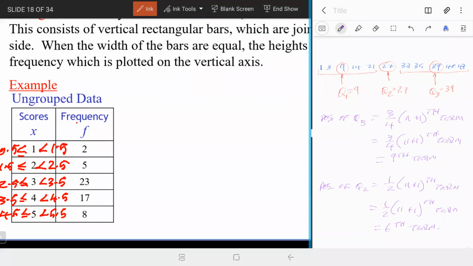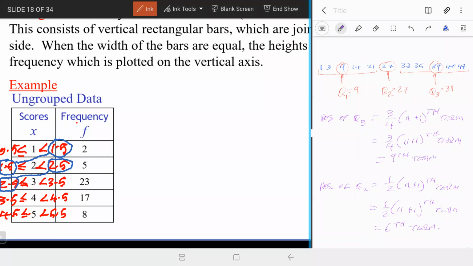Now, to show you why they are the boundary values and why the bars must join side by side, it is because where this first value ends is where this second grouping begins. See, they are the same value. Same thing for the second set. Where this group ends, this one begins.